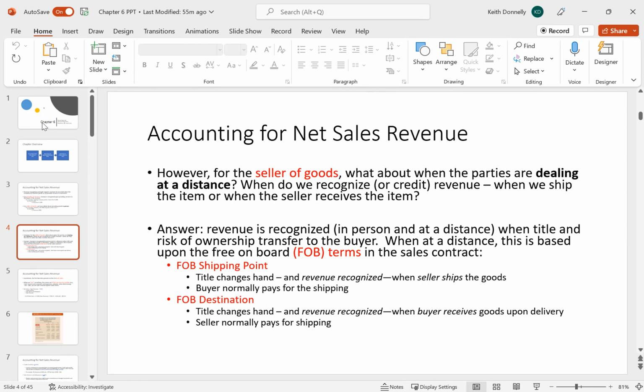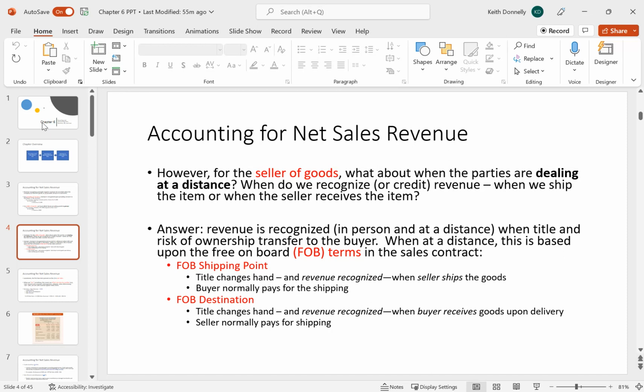There's one of two ways we can describe them, called free on board terms: FOB shipping point, and FOB destination. What these terms control from a legal sense is when title transfers.